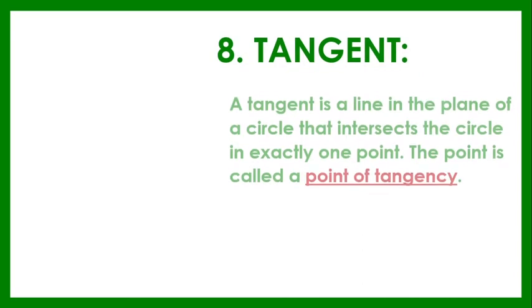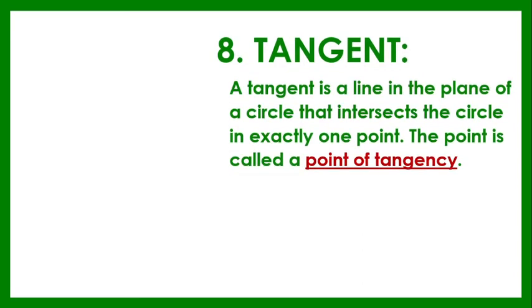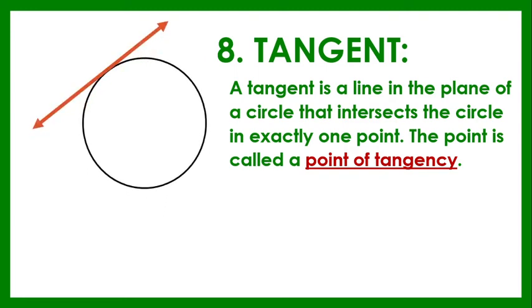Number 8, tangent. A tangent is a line in the plane of a circle that intersects the circle in exactly 1 point. The point is called a point of tangency. Okay, so that is a line.